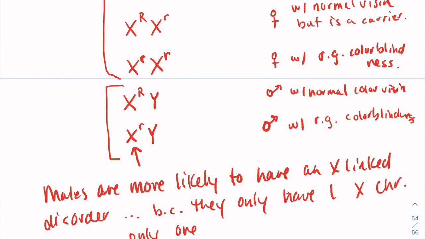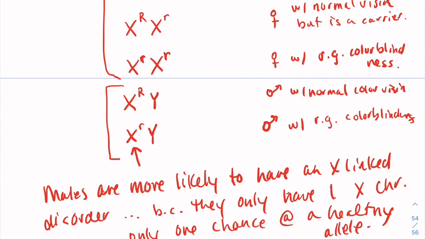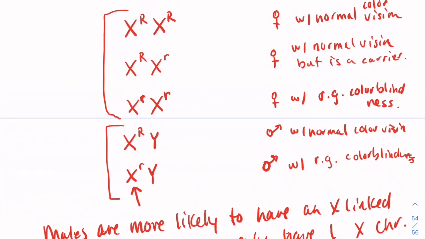Only 1 chance at a healthy allele. Females have 2, so they got 2 shots. With 2 X chromosomes, you're far more likely to have a shot at having 1 healthy allele than 2 faulty alleles.